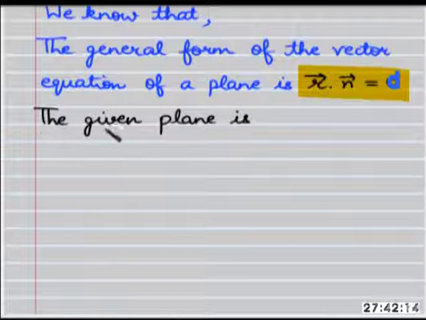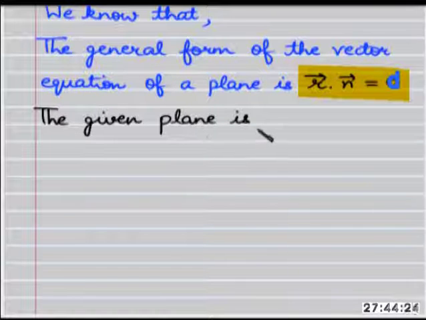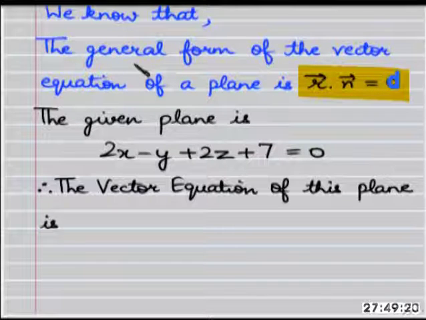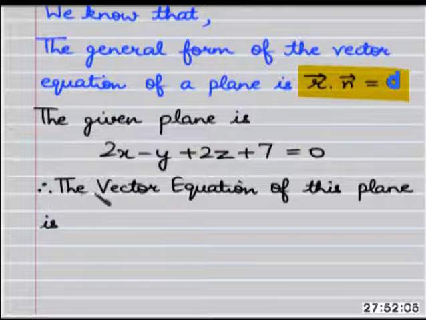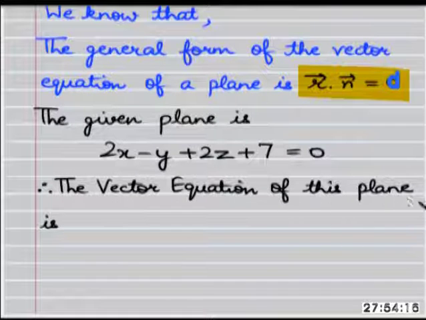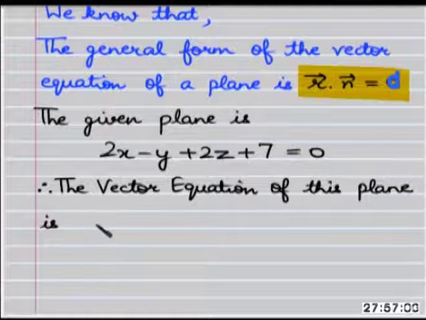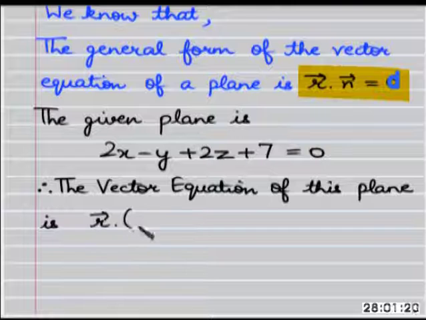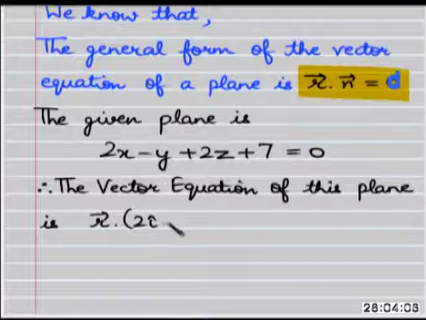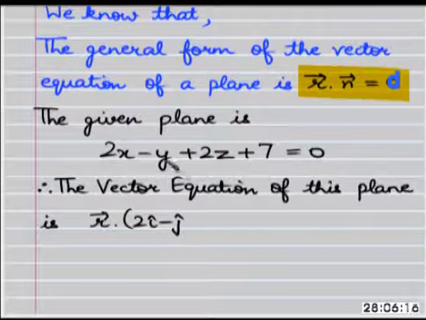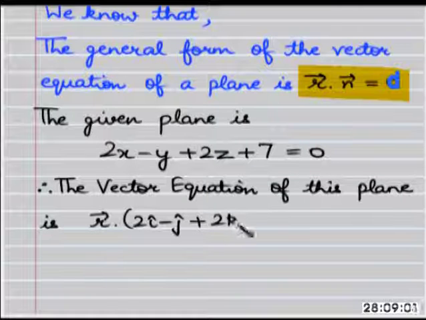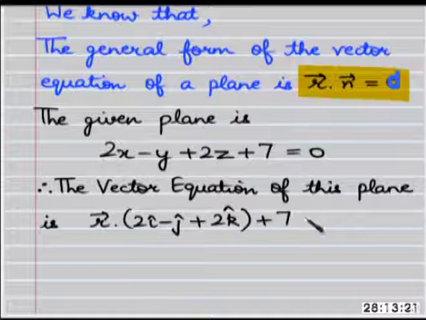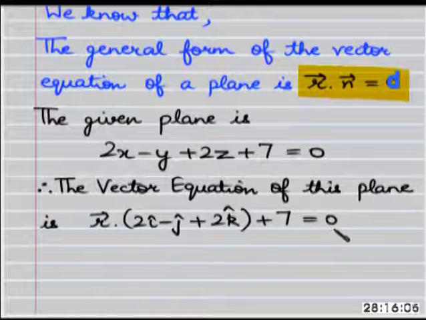Here, in the above example, the given plane is, therefore, the vector equation of this plane is vector r dot 2i cap minus j cap plus 2k cap plus 7 is equal to 0.